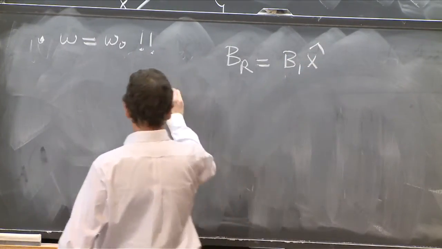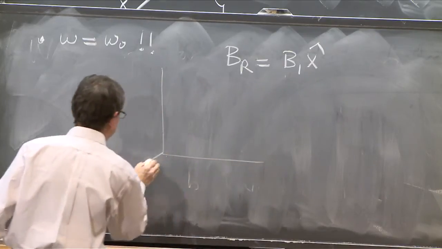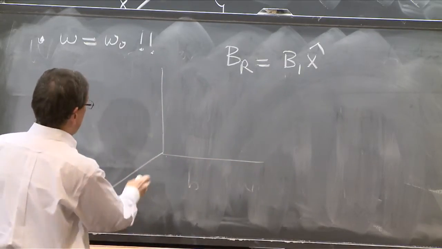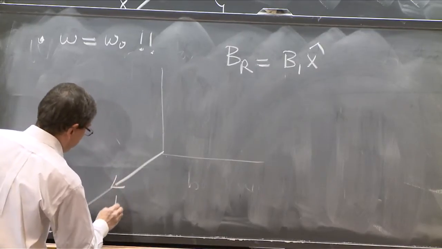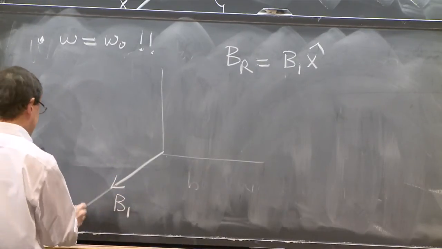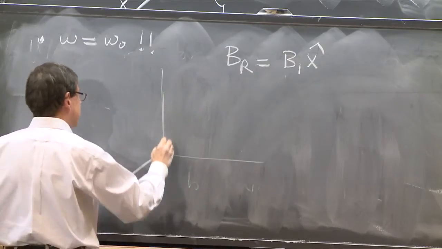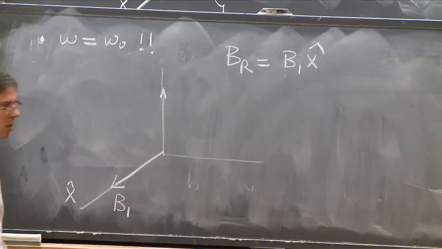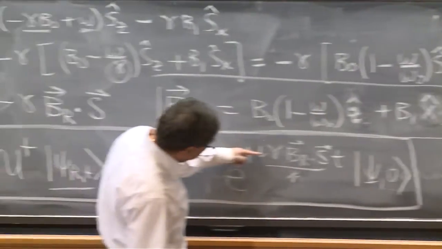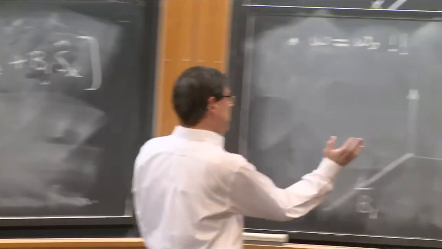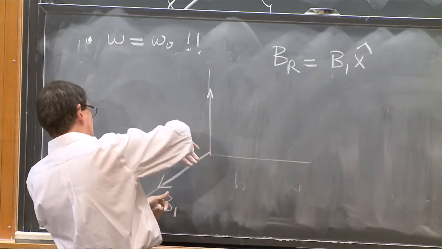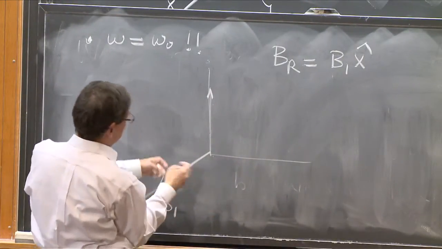And then here is what's going to happen. You have a B1x here, a B1 over here in the x direction. The spin state is sitting at time equals 0 here. And since normal exponentials that do time evolutions have a minus sign here, I claim that instead of rotating the spin around B1, it's really rotating it around minus B1.